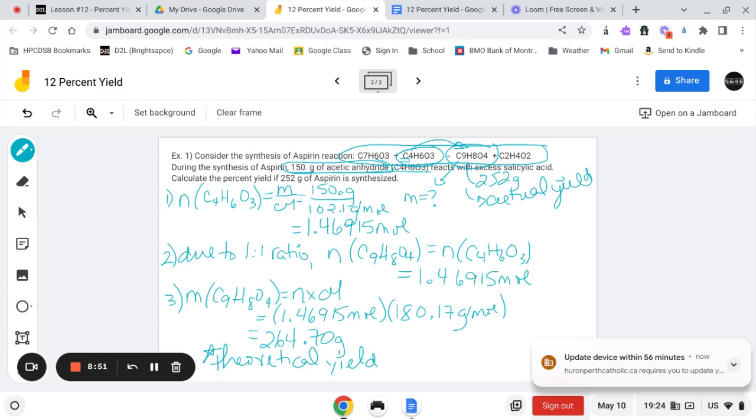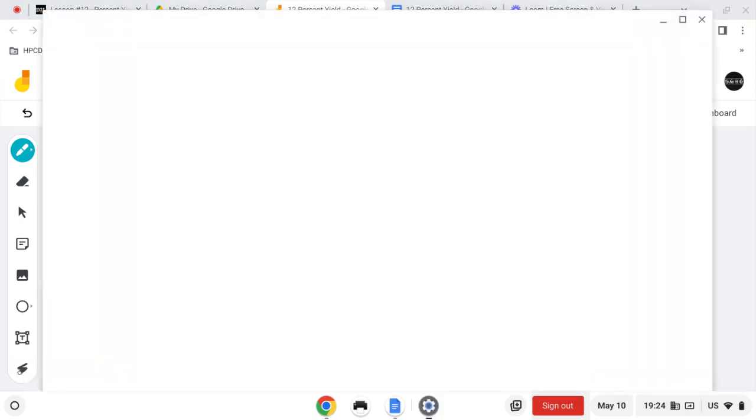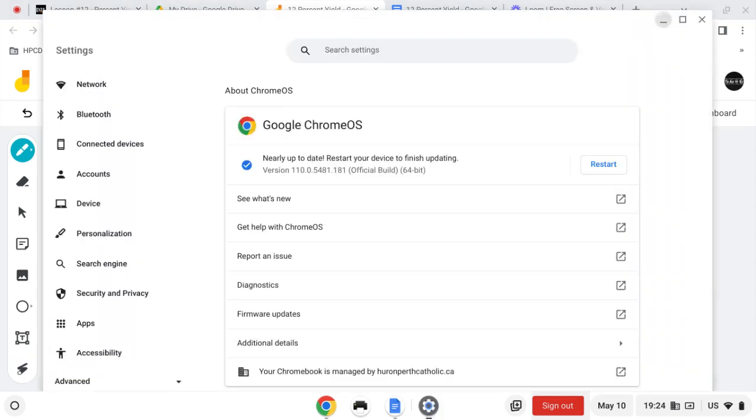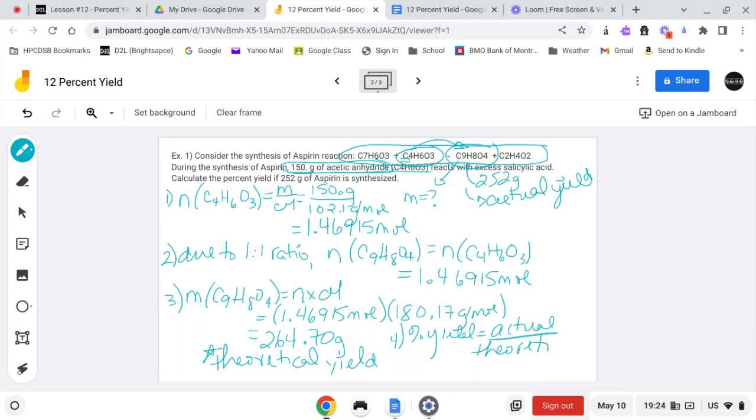And my last step, step 4 in this case, is to come up with the percent yield. And the percent yield is equal to the actual divided by the theoretical yield times 100.